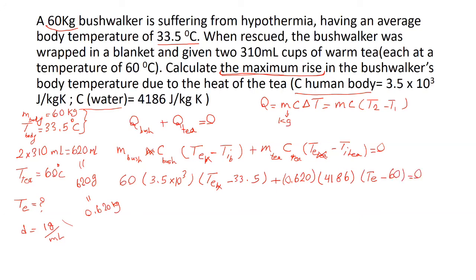And then it's equal to 0. So after that, I need to do the calculation, and I get a number here, times TE, minus this number times this one. And then you do all the calculation, and you see we just have one unknown, and that one is our TE.